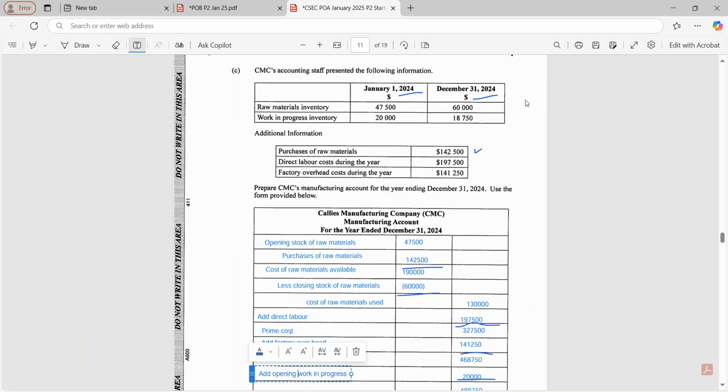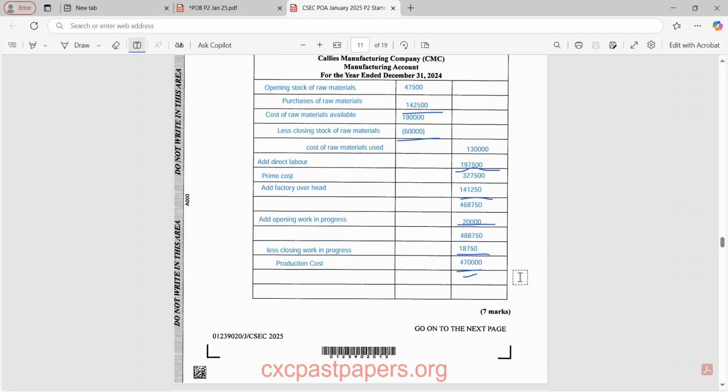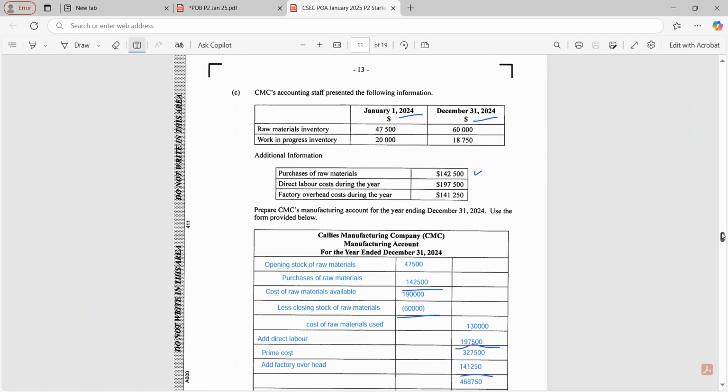And in the question, you can see it at the top here that it is $20,000. When we add 20,000 with 468,750, we get 488,750. Then we less the closing work in progress, which is the 18,750 at the top here, which will give us a production cost of $470,000. All right, so that's the answer for C.